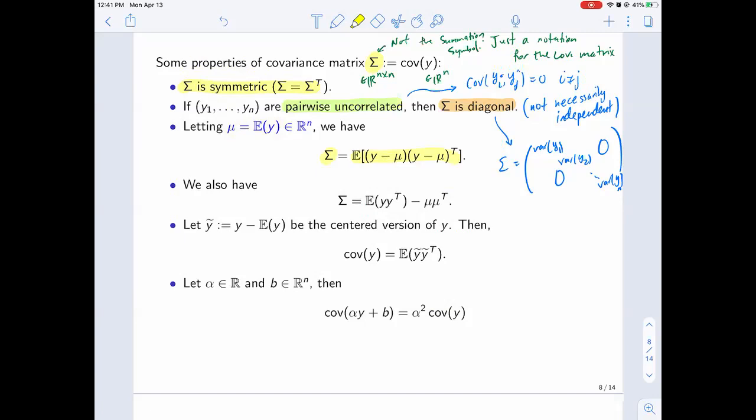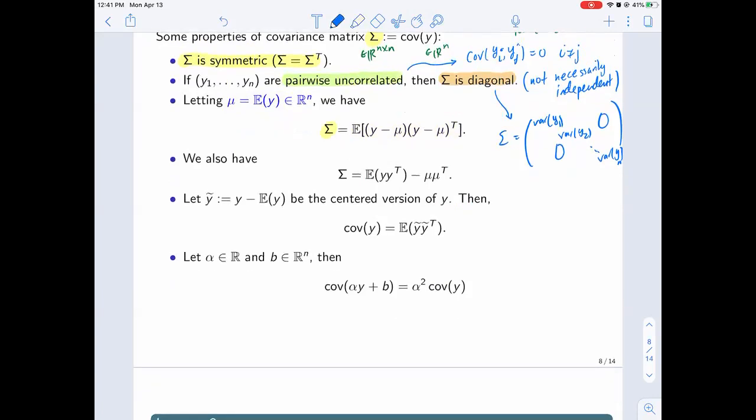I'm subtracting the mean or the expectation from y. y is a vector, mu is another vector, its mean. I subtract the mean and then multiply by its transpose. The difference with the scalar case is that I'm multiplying by the transpose. Another way of saying it is the covariance of y is the expectation of y minus the expectation of y, times y minus the expectation of y, transposed.